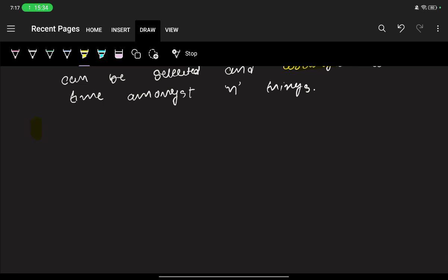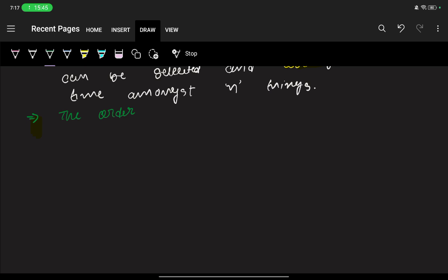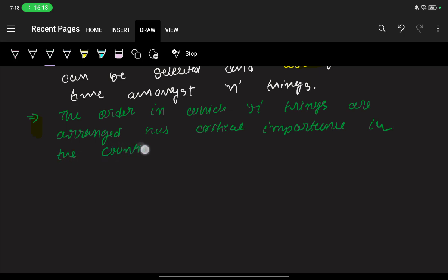Let me write it down: that the order in which R things are arranged has critical importance in the counting of permutations.